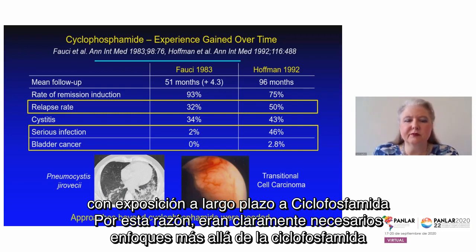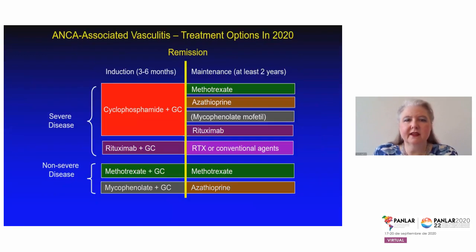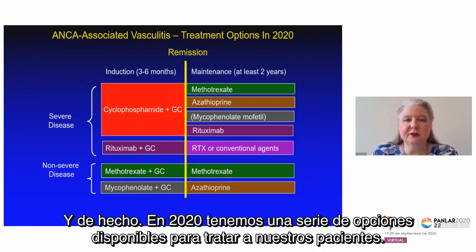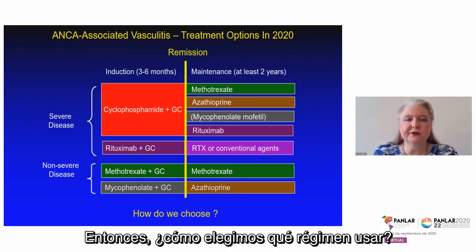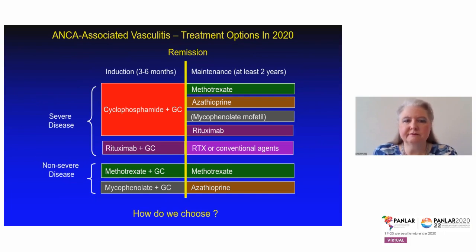For this reason, approaches beyond cyclophosphamide were clearly needed. And indeed, in 2020, we have a number of options available by which to treat our patients. So how do we choose which regimen to use?